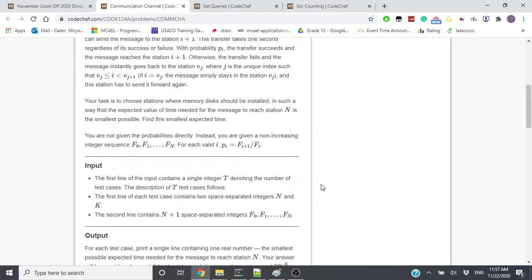So if we could figure out some sort of DP, then it would be simple, right? Like each range is independent, so it's the sum of the expected values of each range.